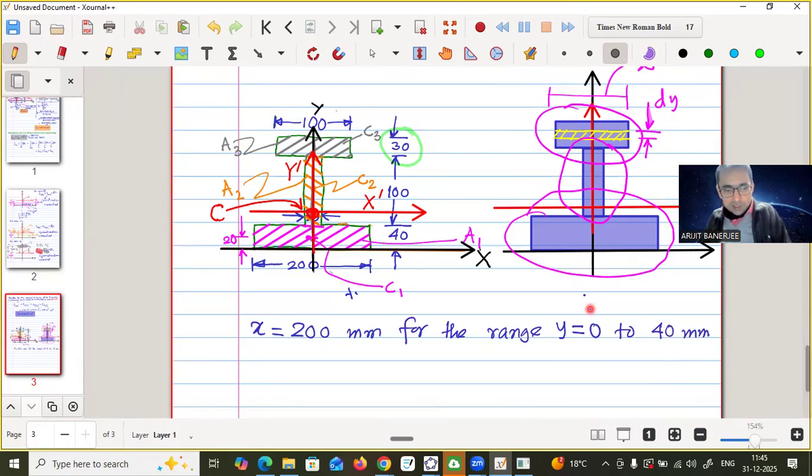Next, x is equal to 30 mm for the range y is equal to 40 to 140.